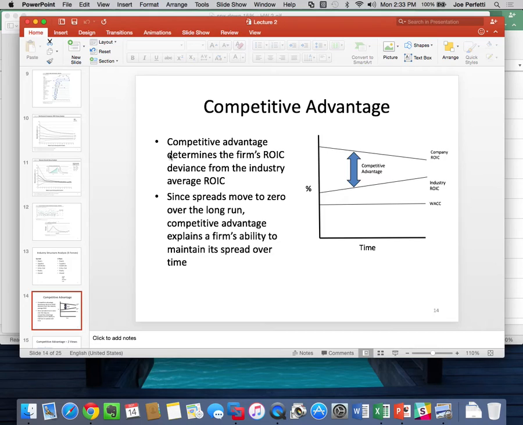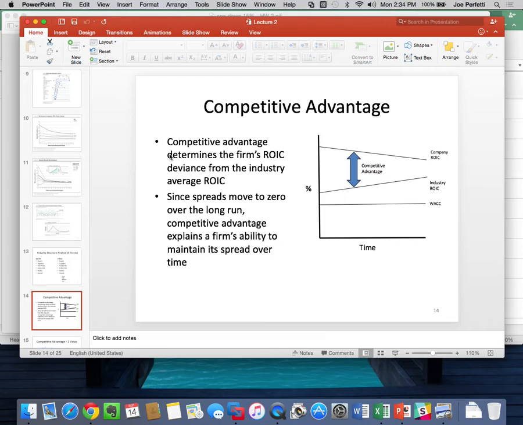I can make money because I'm in social networking, and social networking is a hot growth market, as opposed to I can't make money because I'm in oil. That doesn't mean I'm not a good oil company. Some are going to do better than others. I could have competitive advantage in an industry that currently is destroying value. I'll just relatively destroy less value because I'm better at it than you are, but there's nothing I can do because I'm in a bad industry. So competitive advantage is relative performance, where the industry is the overall performance.